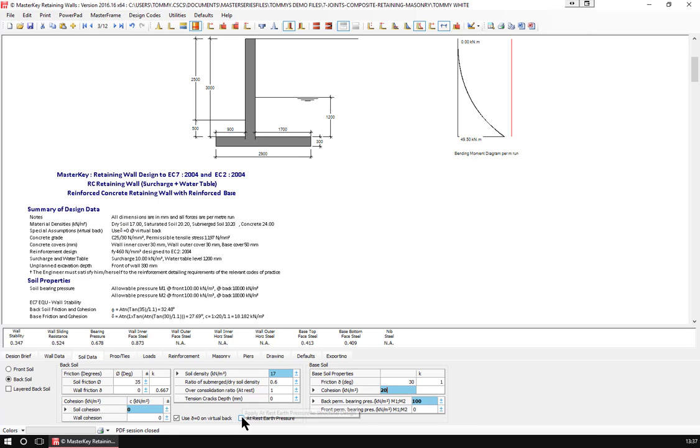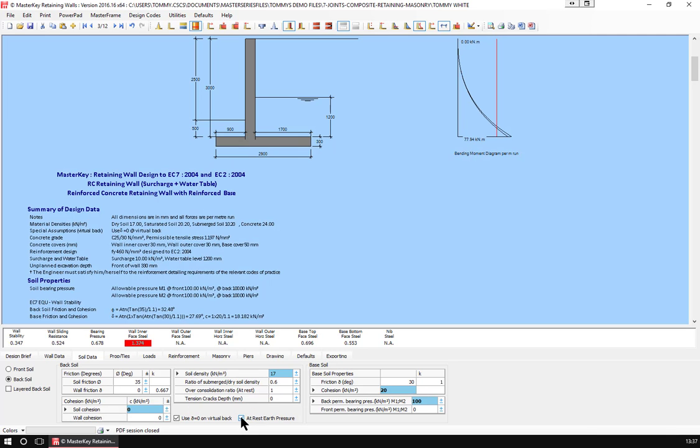We can also do earth pressure at rest, and of course earth pressure at rest is more onerous because the active pressure has relaxed some of the load, whereas at rest you get a fuller load onto the wall.